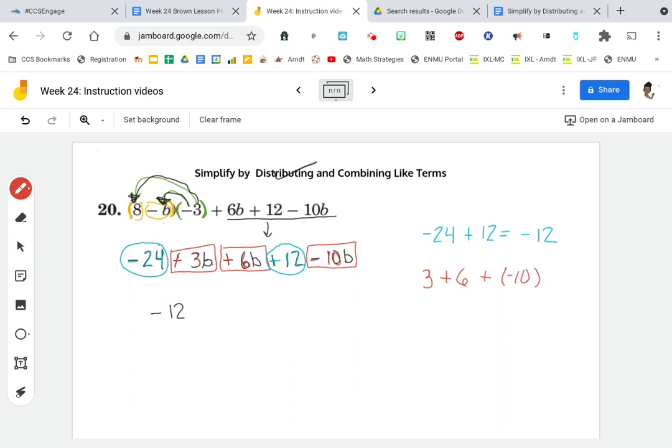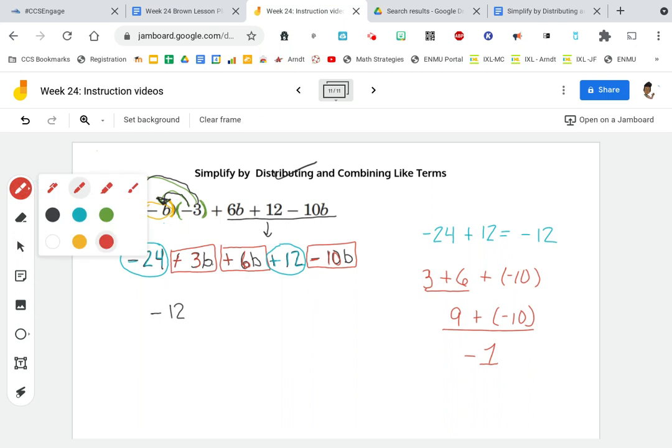Now let's do this one little piece at a time. I know 3 plus 6 is 9, but I still need to add that to the negative 10. Well, 9 plus negative 10 is negative 1. Therefore, I know 3b plus 6b minus 10b is negative 1b.